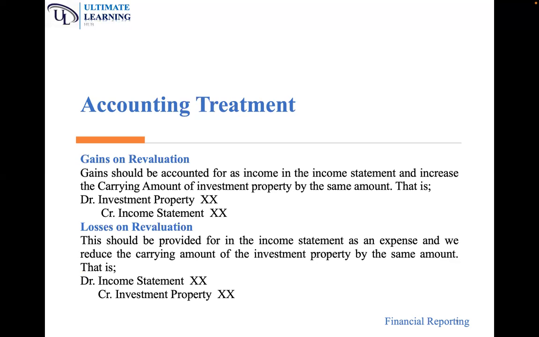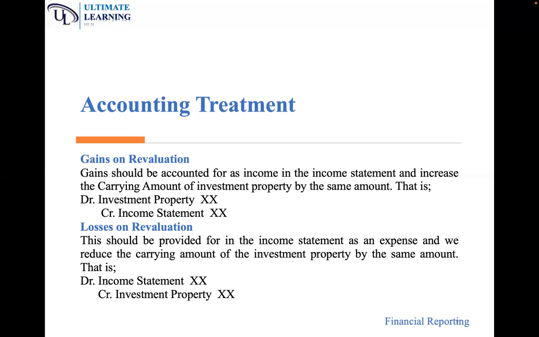You credit income statement. For losses on revaluation, you debit income statement and you credit investment property. You debit income statement and you credit investment property. This is same as under IAS 16, unless in IAS 16 there is a revaluation downwards for a property that was previously revalued upwards.